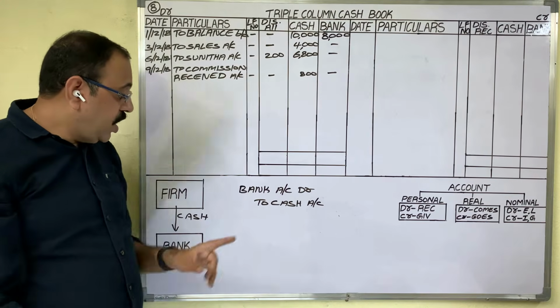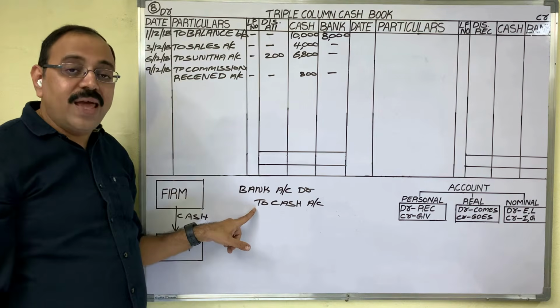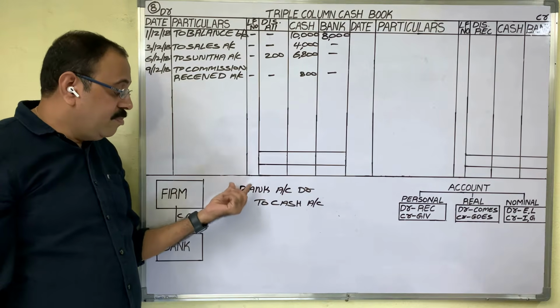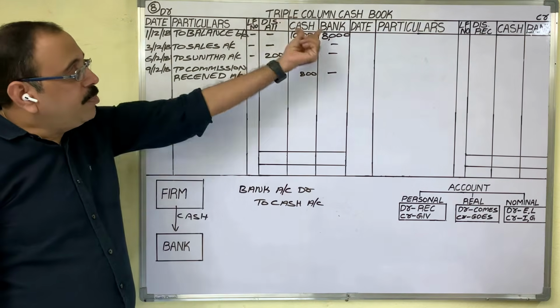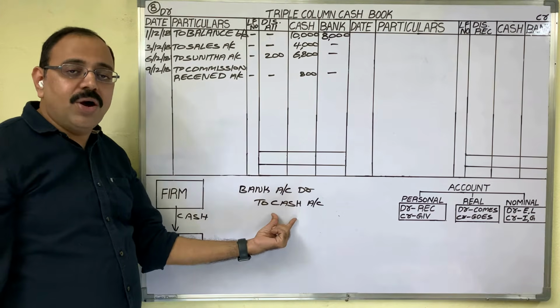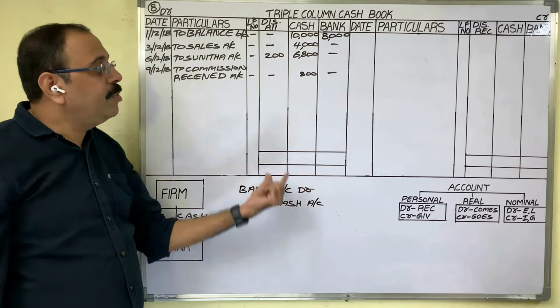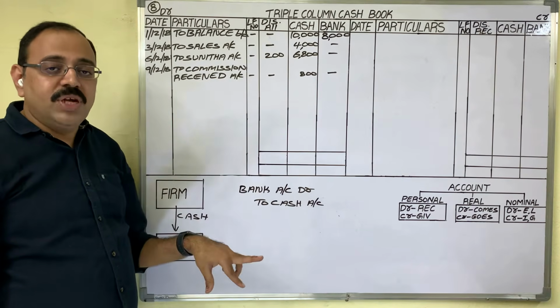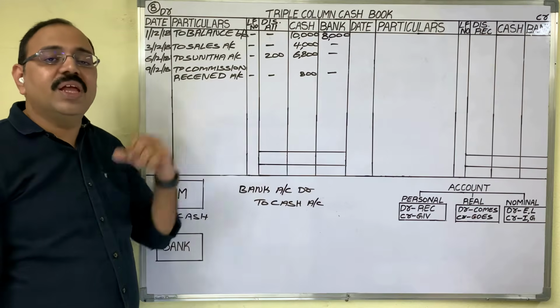But in case of this transaction, cash deposited into bank, debit account, bank account we are preparing in this book, credit account, cash account is also we are preparing in this book. Therefore, two times we have to post this entry.